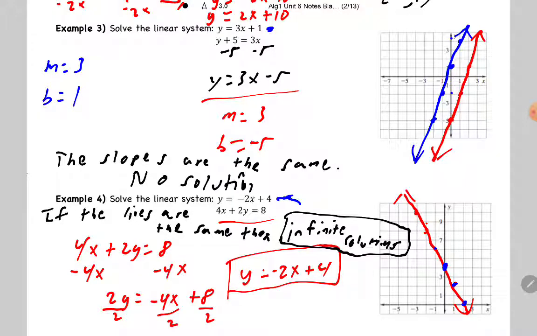If you ever have the same line and you're trying to find the intersection, then there are infinite solutions. Not only do they have the same slope, they have the same y-intercept. They're the exact same equation.